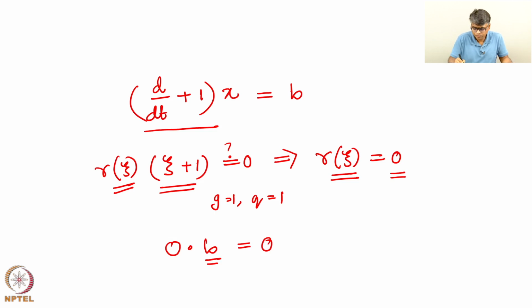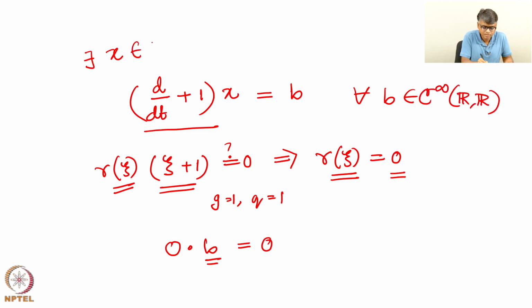So that means, according to the fundamental principle, such a solution X exists, which satisfies this. For all C infinity B, we should be able to get a C infinity X such that this equation is satisfied. This is surprising, no?